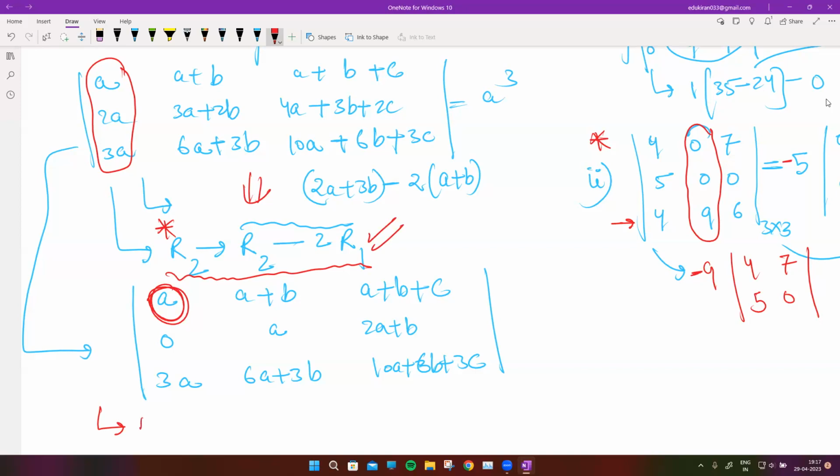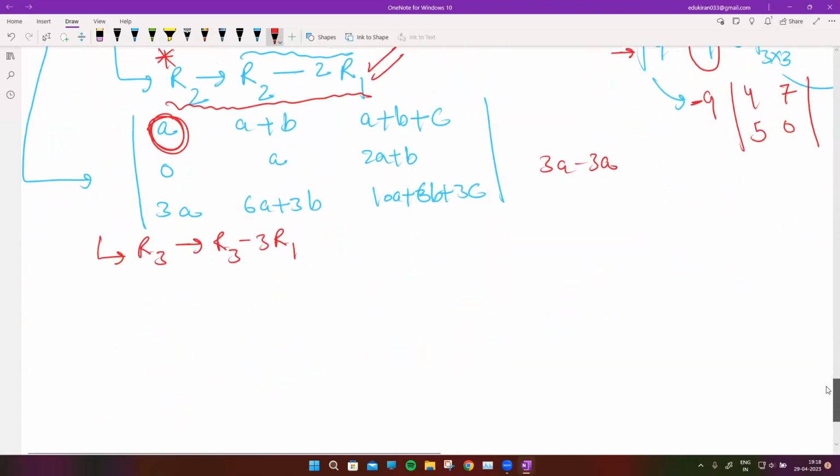So I have to change first of all R3, right? R3 changes to R3. Now I am trying to make it 0. So I can make 3a 0 with the help of 3a minus 3a. I have a, I will apply it with minus 3 and apply this. In the same way as I have converted row 2, I will convert my row 3 this time.